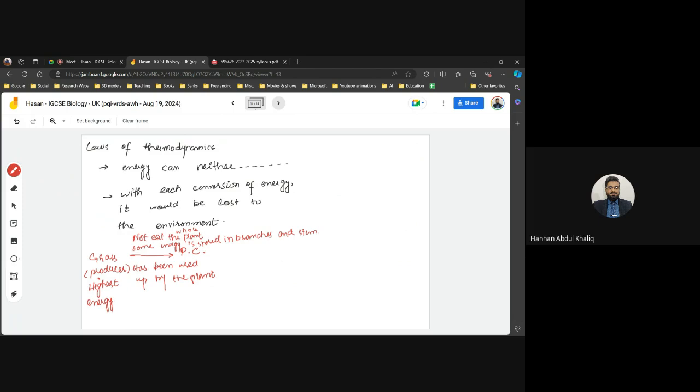Then a big amount of energy has been used by the plant itself for respiration, for cell division, for reproduction, for fruit development, anything. And you can say that a fourth point is maybe some is used in pollination. So there are many ways in which the plant has already used its energy.